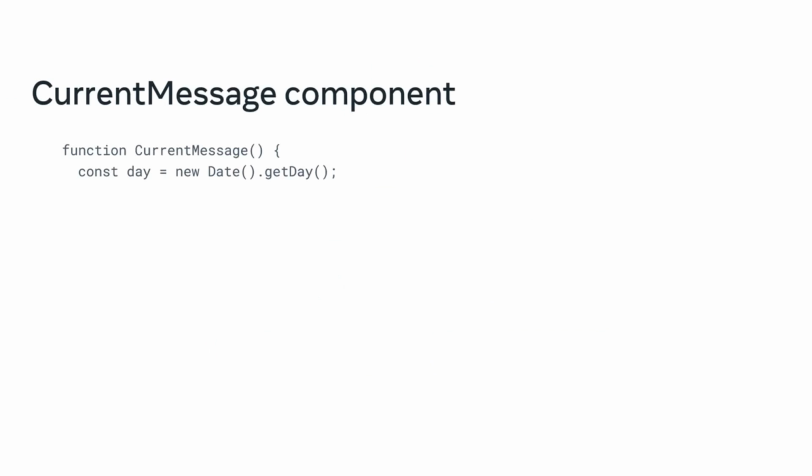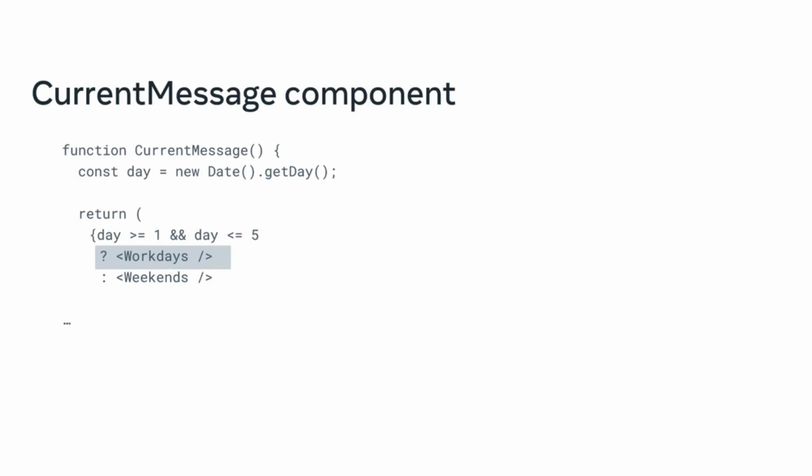Recall that the ternary operator takes 3 commands. First is the condition, which in this example uses the logical AND operator. The condition checks if the value stored in the day variable is greater than or equal to 1 and less than or equal to 5. Then the question mark symbol, followed by the expression to execute if the condition evaluates as true.